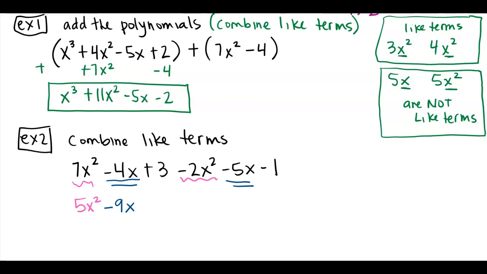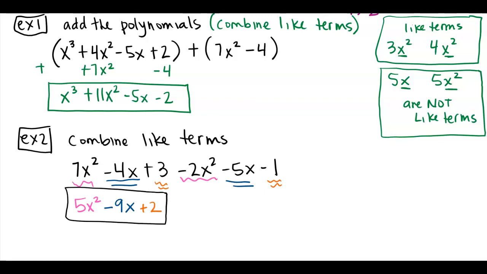Right? And then if I have the whole number parts, I can see, okay, I've got 3 minus 1 gives me that positive 2. So that would be my answer on this. Right, simplifying them by just combining those like terms together.